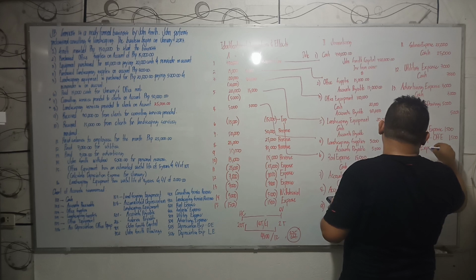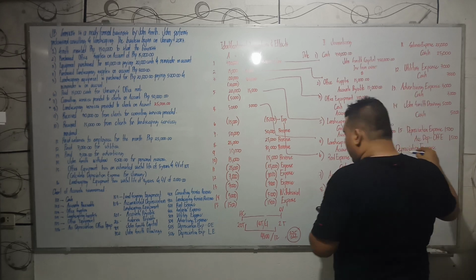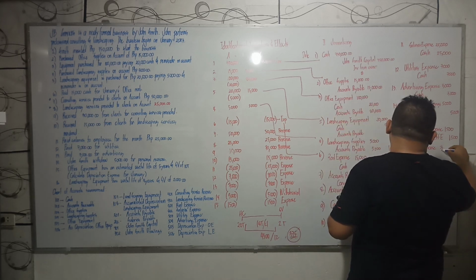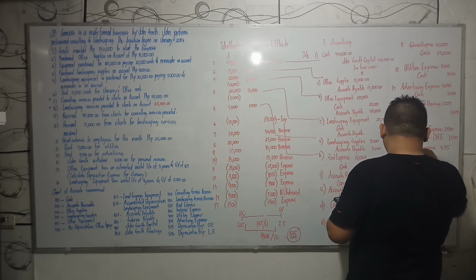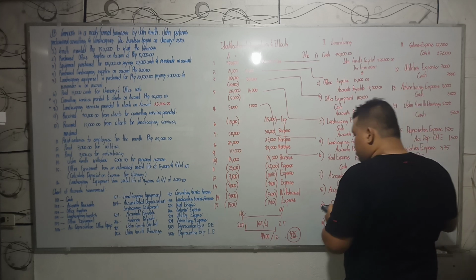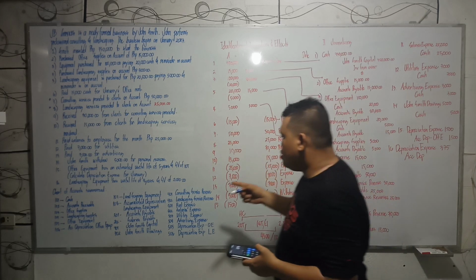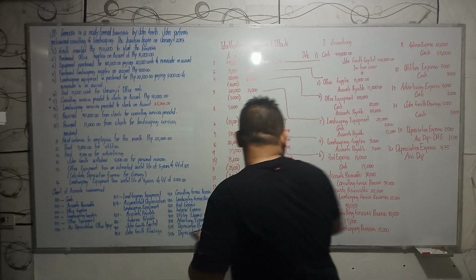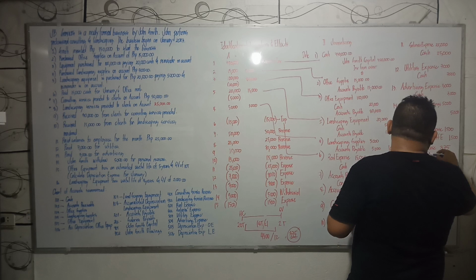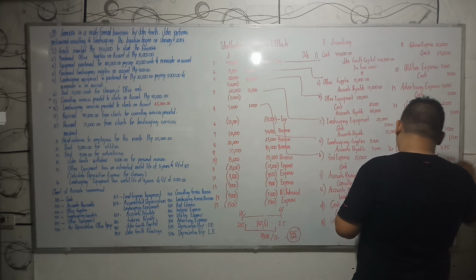So if that's the case, the entry for number 16: you have depreciation expense, 375. And you use accumulated depreciation, landscaping equipment, 375.